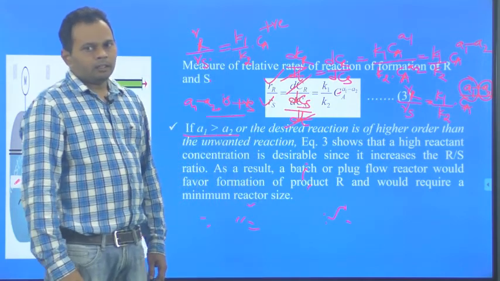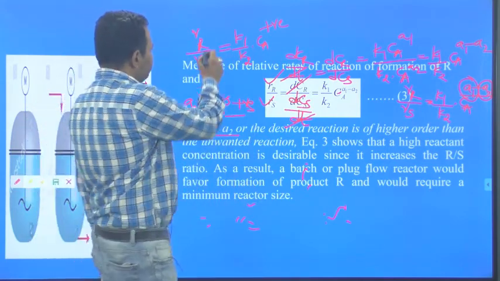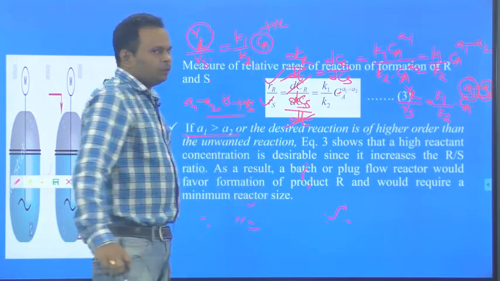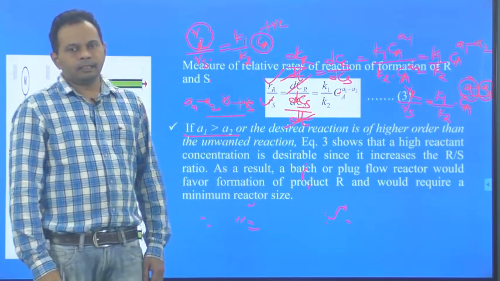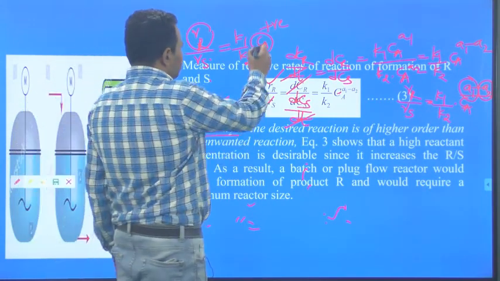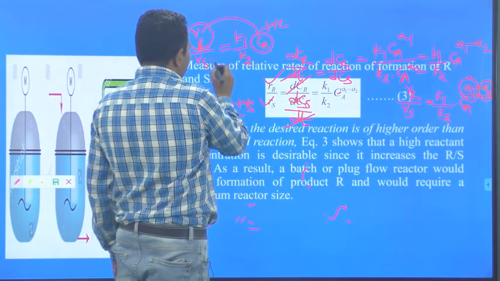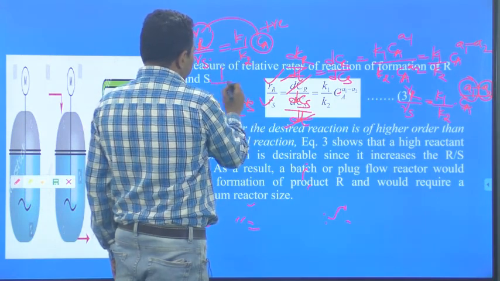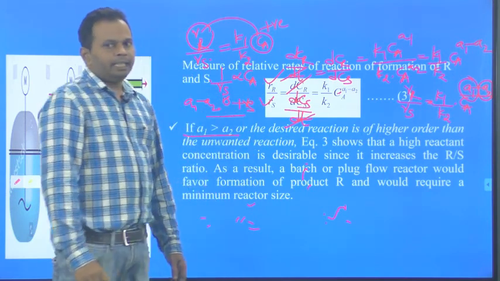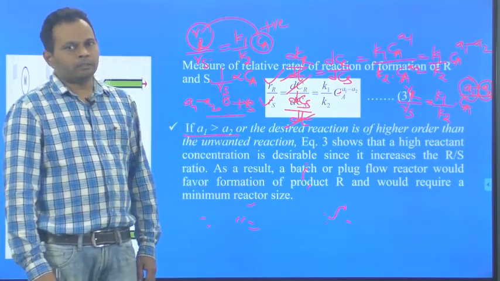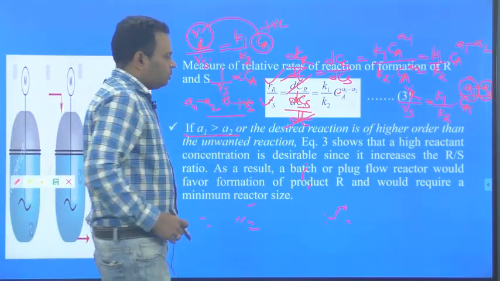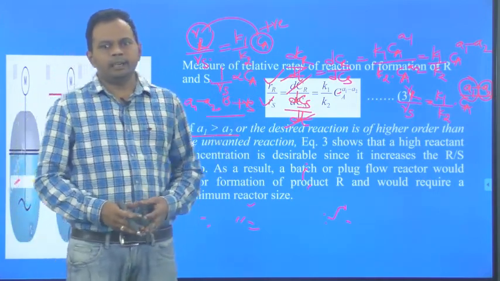That means, to maximize the formation of desired product R, how should the Ca value be? Should Ca be maintained high within the reactor, or low? Since the Ca power is positive, and Ca is directly related to the formation of R and inversely related to the formation of S, Ca should be maintained high to maximize the formation of R. In which reactor can we maintain Ca high?